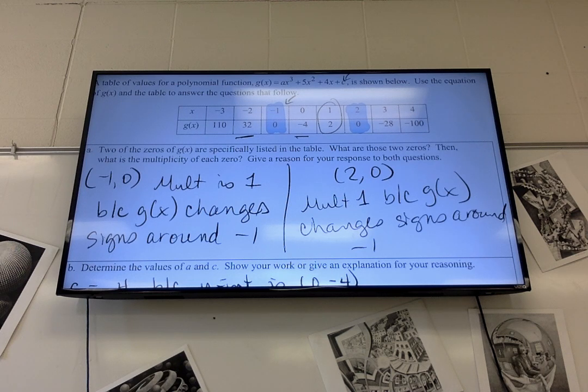Where? In between two numbers. And you can tell because the y changes sign. Where does g of x change from negative to positive and it's not a 0? Yeah, right here. There has to be a 0 somewhere between -4 and 1, 2. Because it changes from a negative to a positive 2.